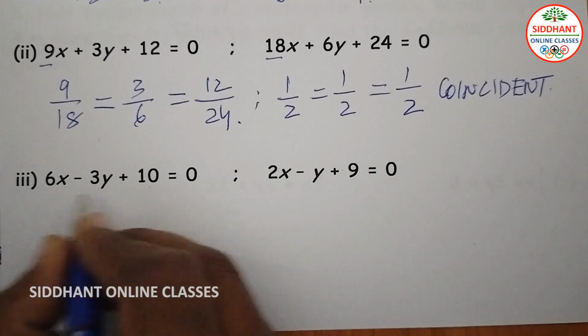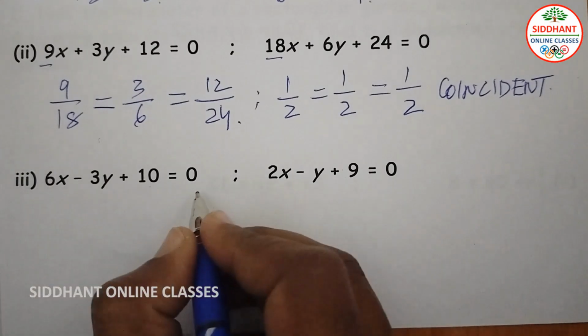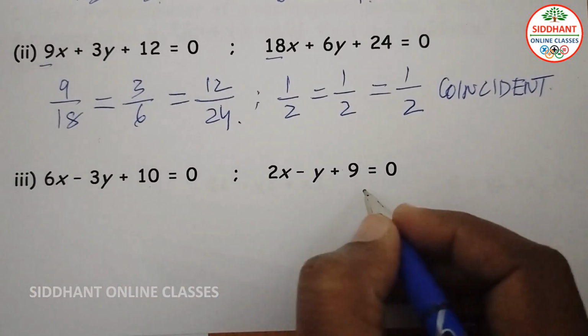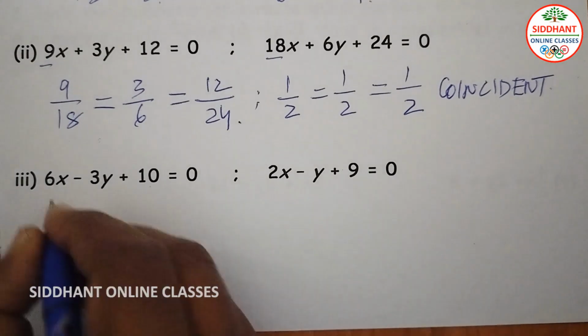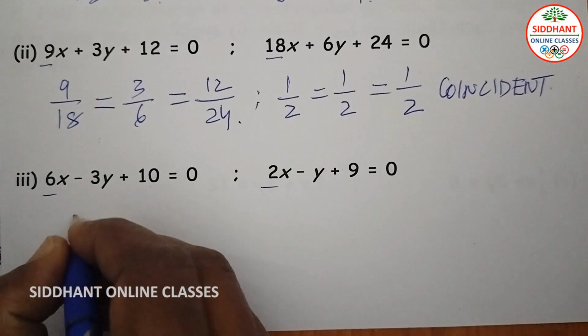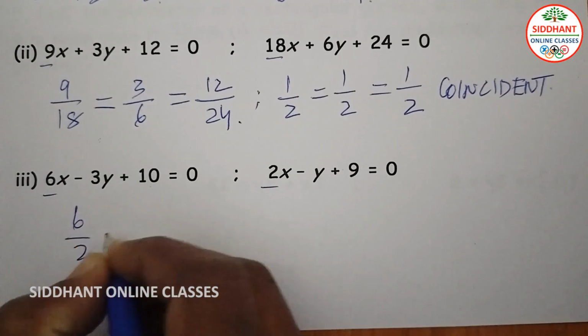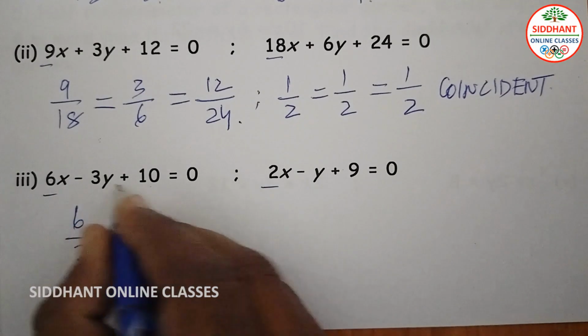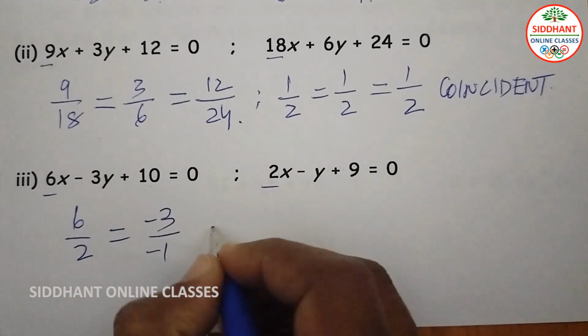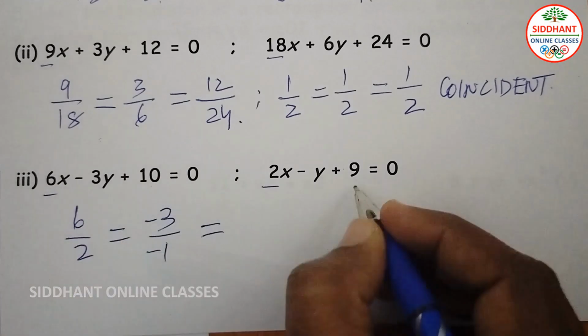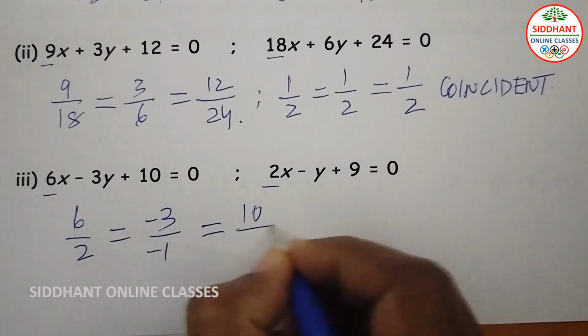Third one: 6x minus 3y plus 10 equal to 0, and 2x minus y plus 9 equal to 0. Here a1 by a2 is 6 by 2, b1 by b2 is minus 3 by minus 1, and c1 by c2 is 10 by 9.